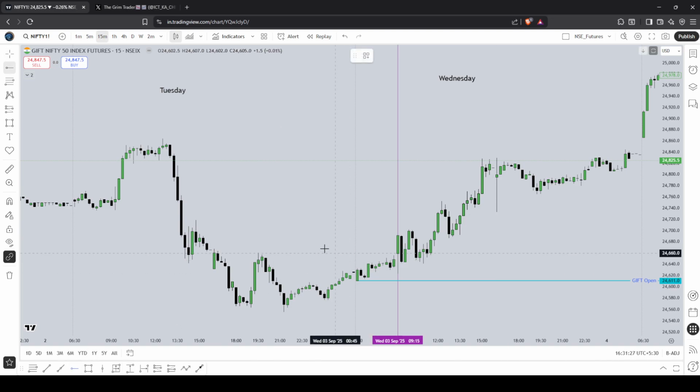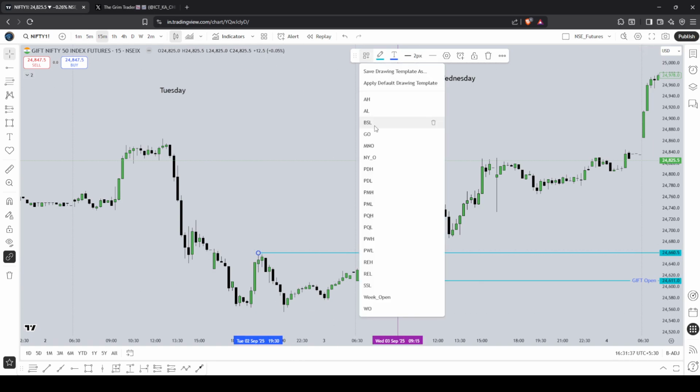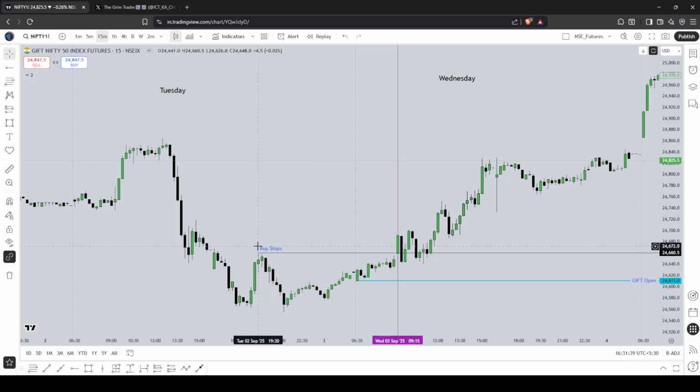But this becomes important. This is a bullish breaker. Why? Because this is a low, high, lower low, and also this is the high of the New York AM session. Why? Look at the time of day. 7:30 p.m. India is 10 a.m. New York time.